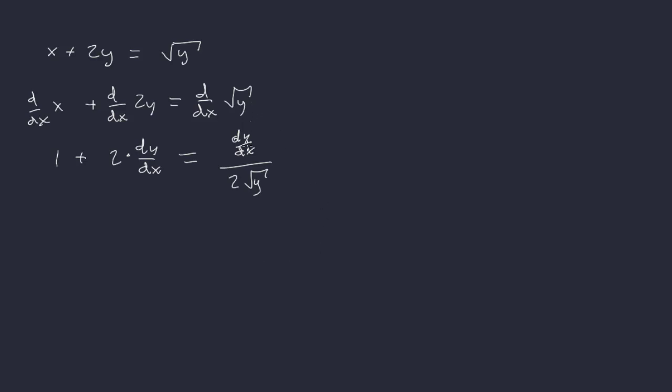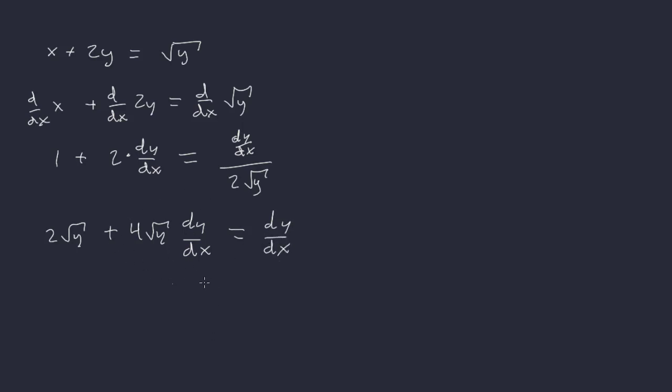Okay, now we want to solve for the dy/dx. Before we do that, I'm going to multiply this 2 square root y over so we don't have that fraction anymore. So we get 2 square root y plus 4 square root y dy/dx is equal to dy/dx.